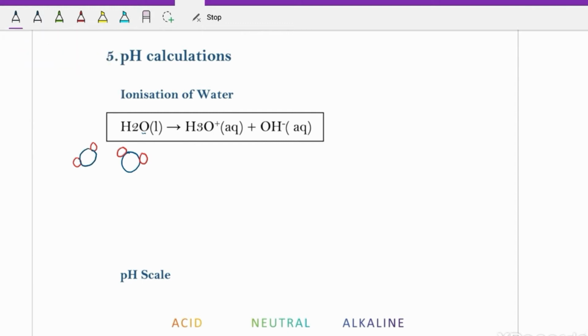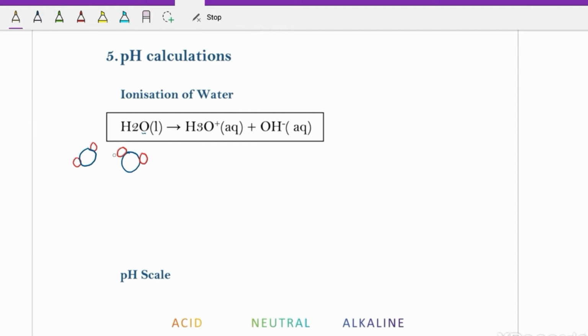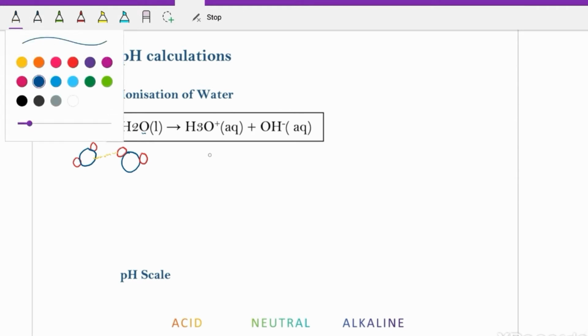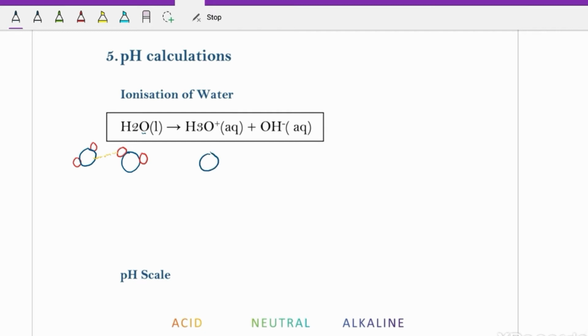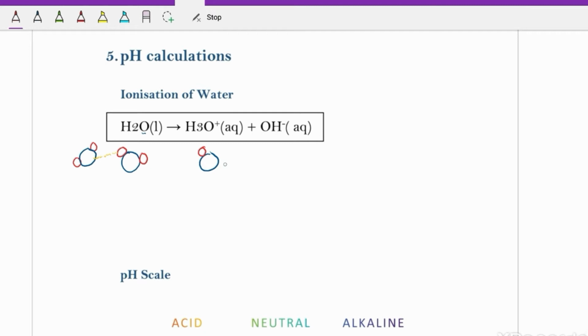So you've got water molecules floating around, and what happens is it starts to break up, and one of these hydrogens is taken up by another water molecule, and then it forms the hydronium ion. So essentially you have an oxygen atom here that now has 3 hydrogen ions attached to it.